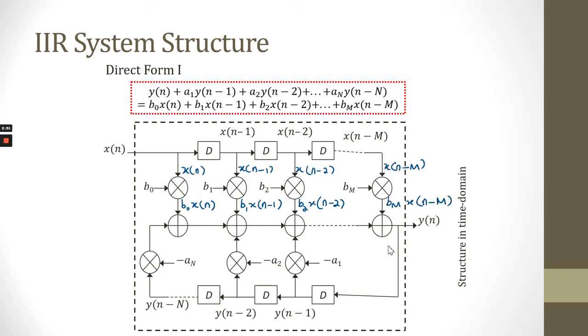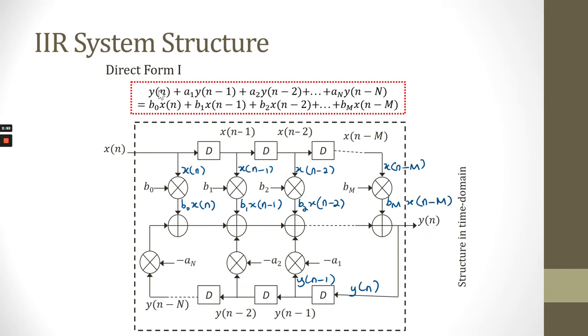For the lower part that involves the past output, we have y[n] here. Multiplied with a delay unit, it produces y[n-1], and we need to multiply it with minus a1. From this direct form 1, we produce y[n].